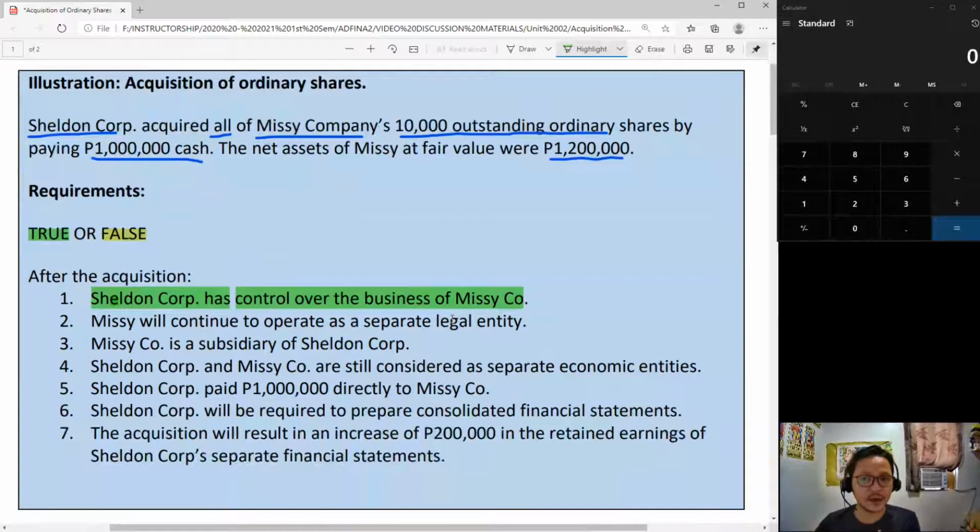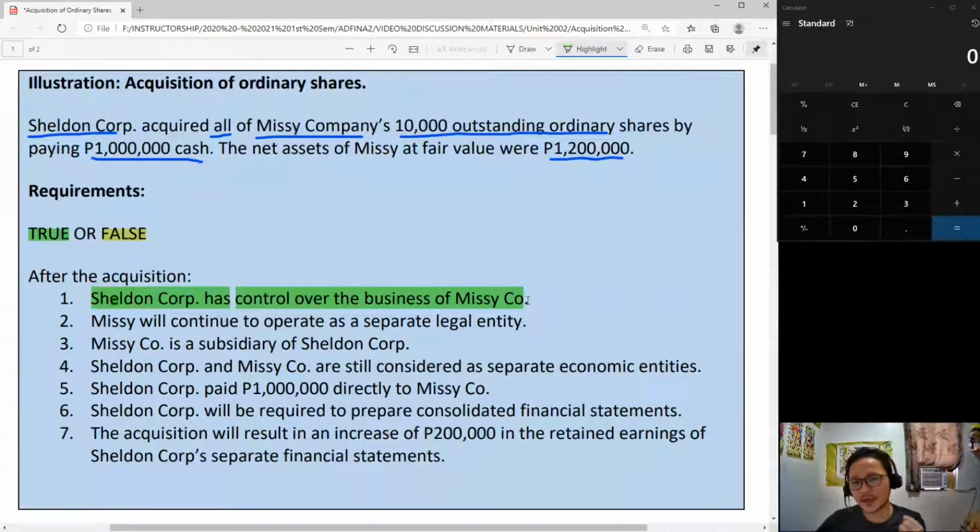Sheldon now is the only shareholder of Missy Company. Yes, a corporation can be a shareholder of another corporation because ordinary shares are also accounted for as investments, equity instruments.